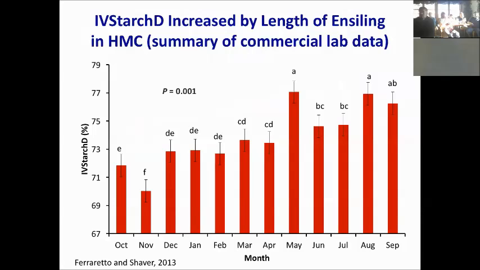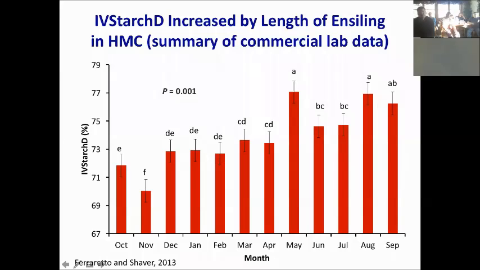Randy also has some data summarized from the commercial labs, looking at samples submitted from October through September over a year. And this is in vitro 6 or 7 hour starch digestibilities. What you can see is the trend is that over time, starch digestibility actually improves in that high moisture corn.